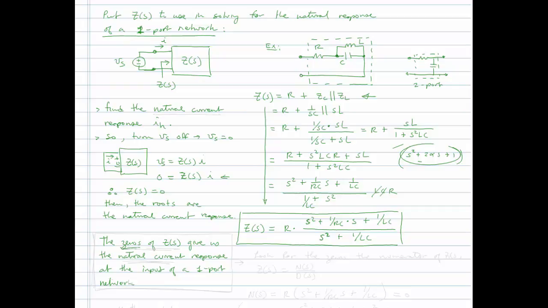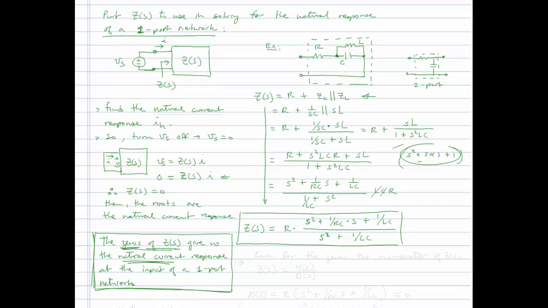Sounds fancy, but it's just the appropriate way to express this. All right, this is a big idea here. So the zeros of Z sub S give us the natural current response.